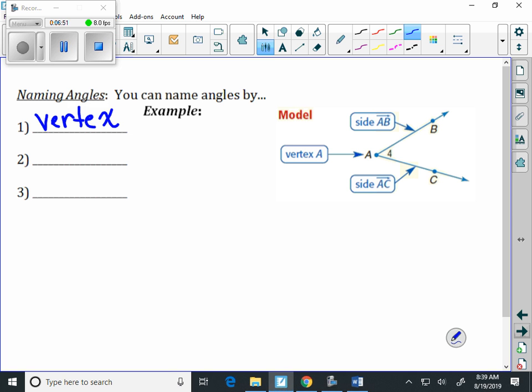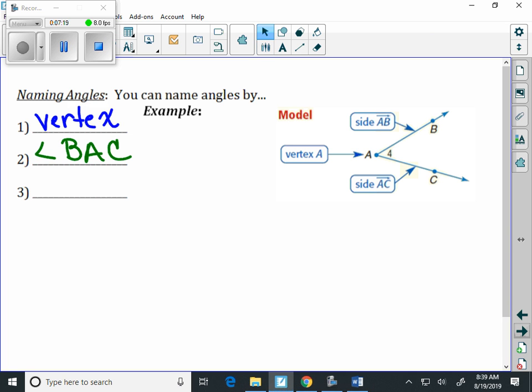It's that common endpoint of the angle, vertex A. We can also name it like we did with the symbol, angle BAC, the A being the vertex in the middle of that. And then we also happen to have a number here at that vertex, so we can name it by that number 4 there.